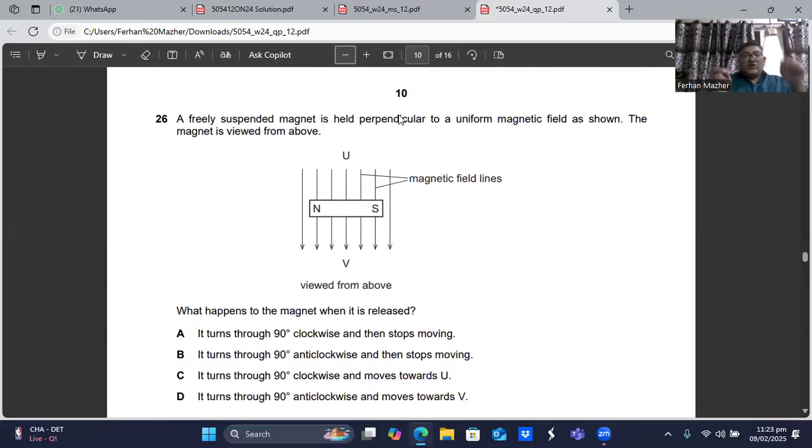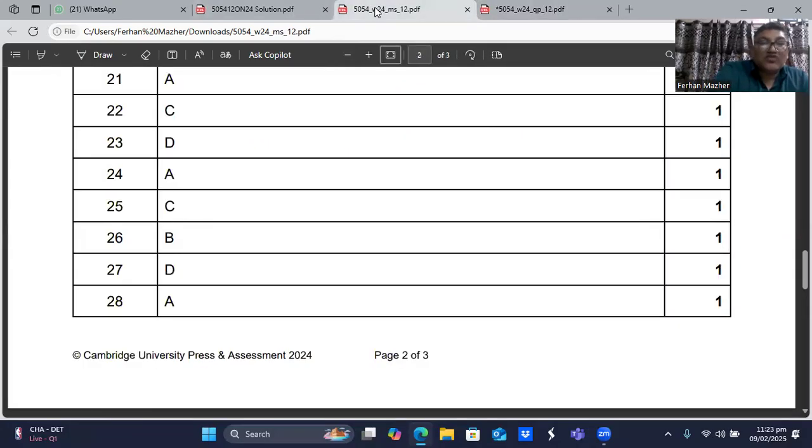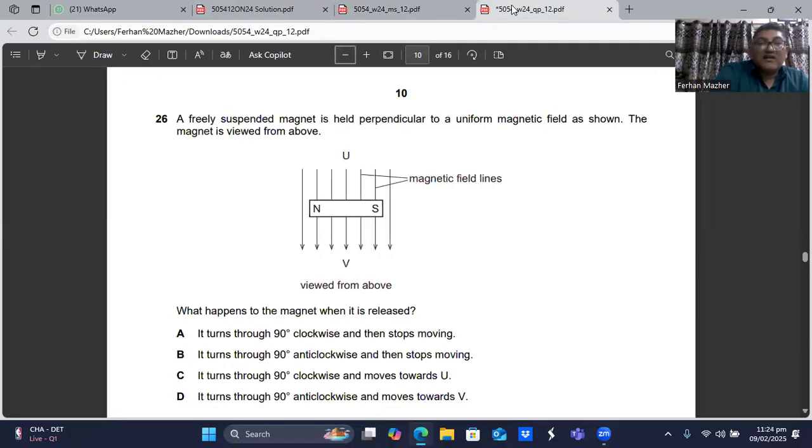This north will go down, the south will go up, so this will be an anticlockwise movement. And when the north and the south are aligned with those magnetic lines, it will stop moving. So it turns 90 degrees anti-clockwise and then stops moving. I think B is the best option, sir. Question number 26, B is the right option.